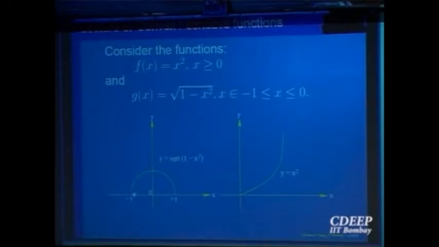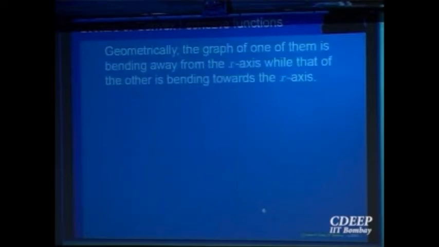You can see that this graph is in some sense bending away from the x-axis, and this is bending towards the x-axis. Now both are monotonically increasing, both are differentiable functions. So what is this property that differentiates the two? Let us try to analyze this property.